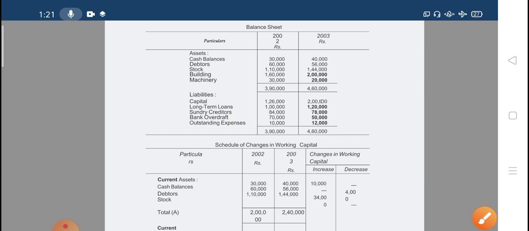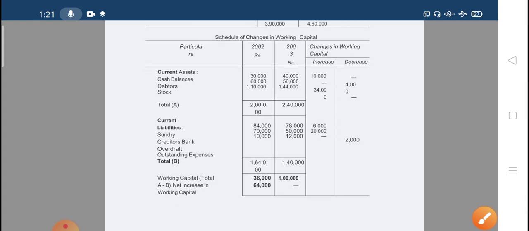Now let's prepare a schedule of changes in working capital. So the schedule will have 5 columns. In the first column particulars, second column first year, and third column second year, that is previous year and current year, 2002 and 2003.